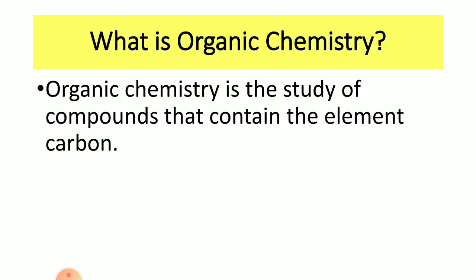Others such as nylon and polyesters are synthetic, meaning they are produced by chemists in the laboratory. By studying the principles and concepts of organic chemistry, you can learn more about compounds such as these and how they affect the world around you.